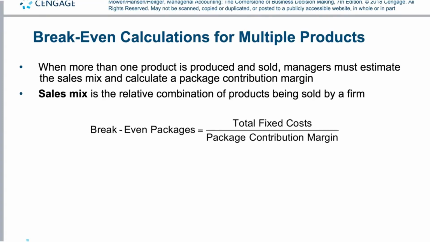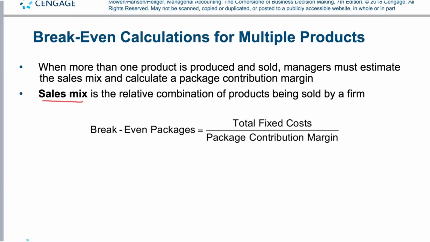Okay, this is the key slide for this content. This is really important. We've got 2 lines of text that hold a world of good information. So what you have to do in order to be able to create a break even for multiple products is you need to think about the sales mix, or how much of one product you sell per unit of another product.